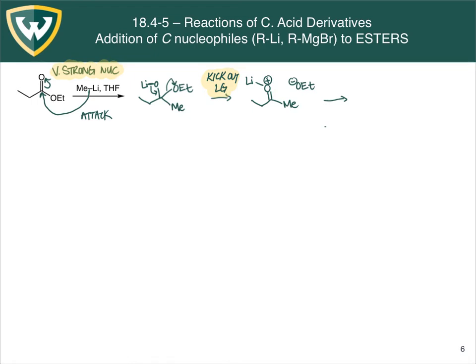And so in reality, because of that and the fact that ketones are more electrophilic than esters, we're going to get very fast addition of the second equivalent. And this is the status in your flask until you, of course, do an acidic workup.